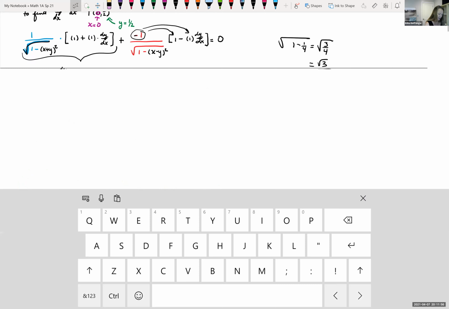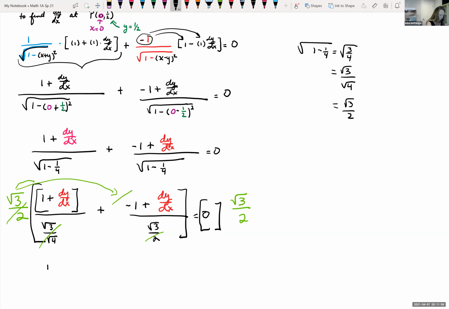So we're left with 1 plus dy dx and then we have this -1 plus dy dx is equal to 0.